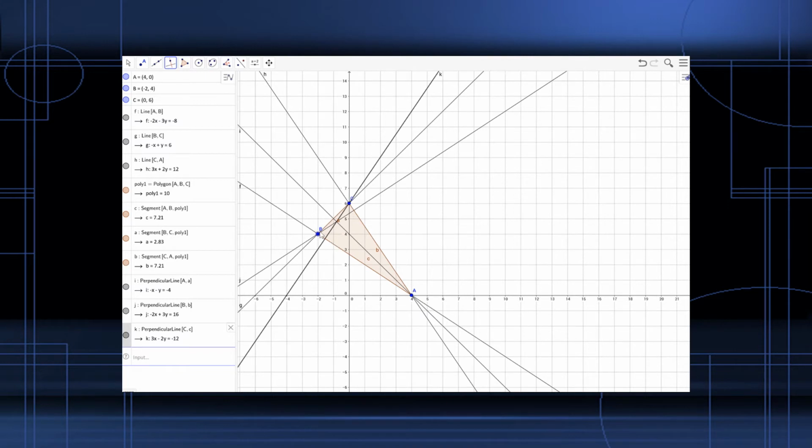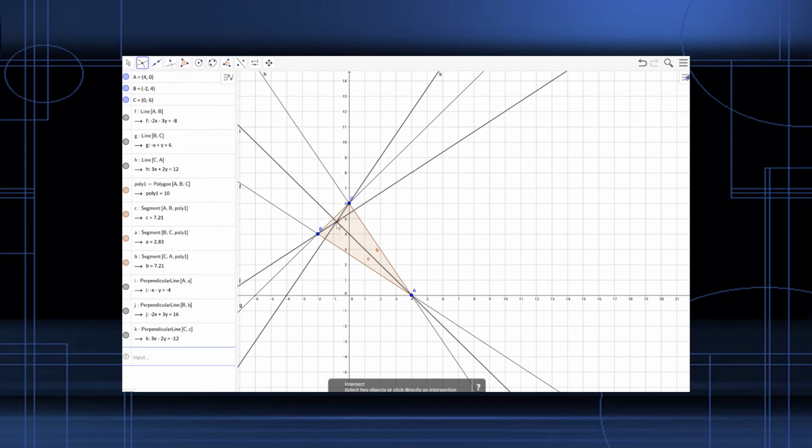And so I'm looking for a point here where these altitudes or these perpendicular lines intersect, and it really is right about there, but I'm going to go back over here to my point tool, and I'm going to choose this point of intersection.